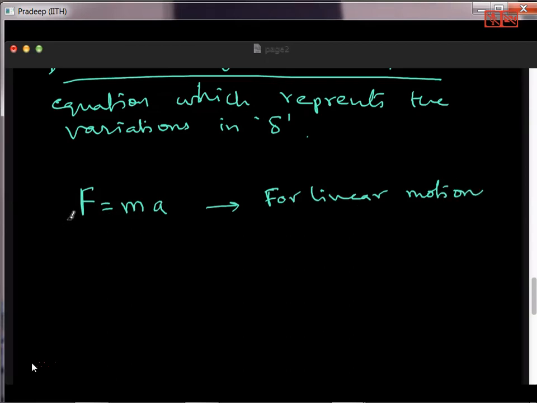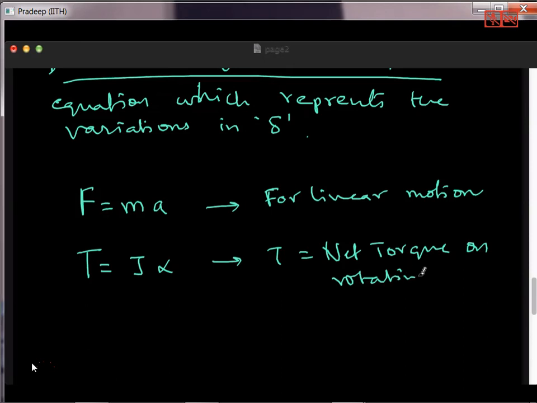This F is the net force acting on the body, m is the mass of the body, and a is the acceleration of the body. This is for linear motion. Similarly, we have torque equal to J into alpha. What are these things? T is the net torque on the machine, the net torque on the rotating object.